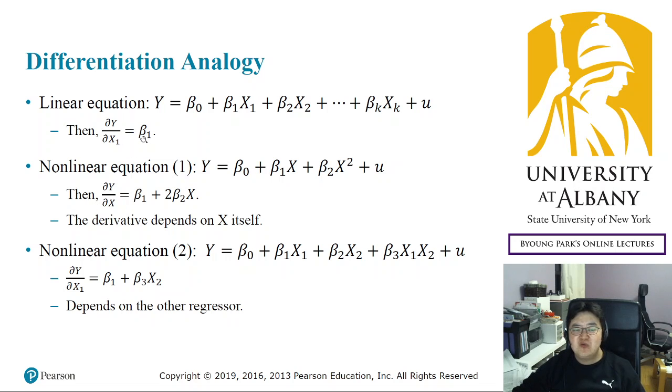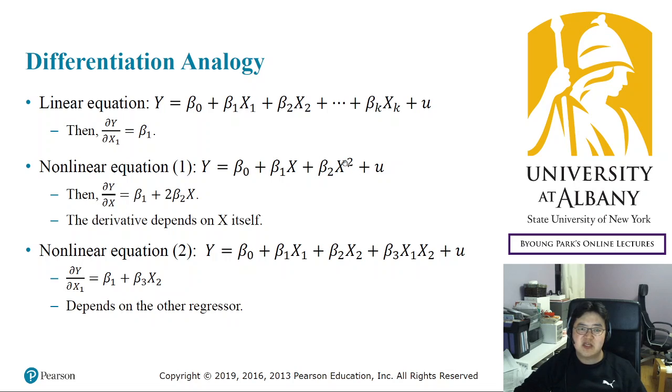However, if you think about different functions, still simple, for example a quadratic function. You have only one regressor, x, and x squared, and then y is a function of beta 0, beta 1 x, beta 2 x squared plus error. In this case, if you take the derivative with respect to this regressor, you have to differentiate this and this.